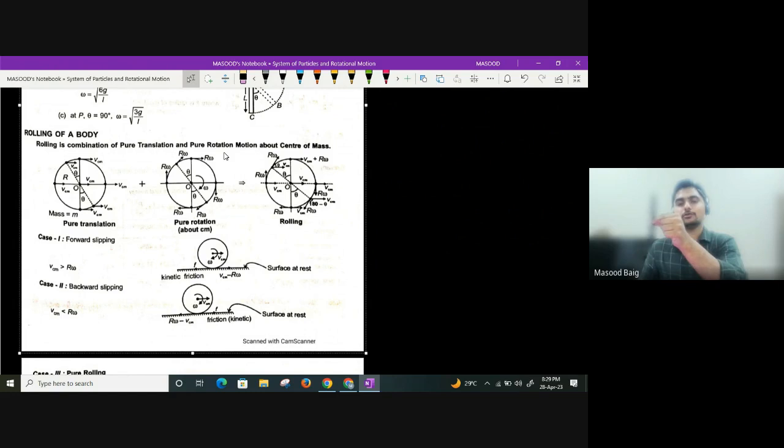This kind of motion is called translation. If you observe the fan, what is happening to the fan? In its position only, it is rotating. That motion is called rotational motion. So if I say in its position only, it is performing a motion like this, this is rotation. What is rolling? While rotating, it is getting displaced. This motion will be called rolling motion, guys.